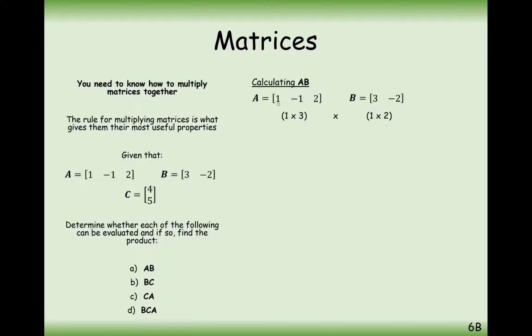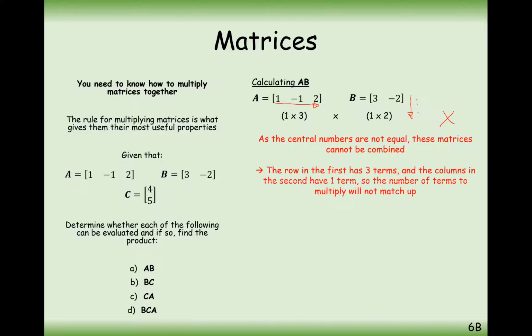And notice here, if we were going along and multiplying along the cells in the first matrix, we'd need 3 values going down so that we've got 3 things to match up with the 3 cells in this matrix here. We need 1, 2, 3 going down. We haven't got that. We've only got one row, so we can't multiply these two matrices together. So we just say that doing this is impossible.